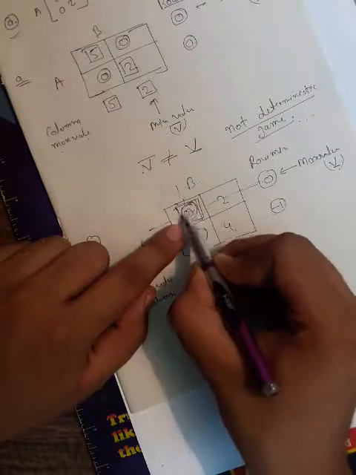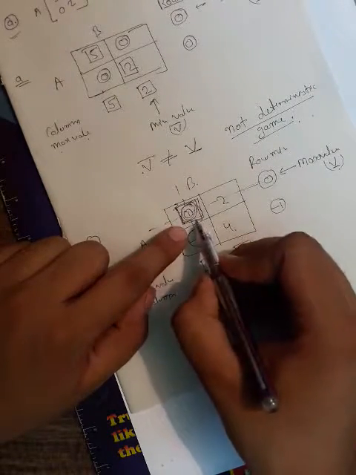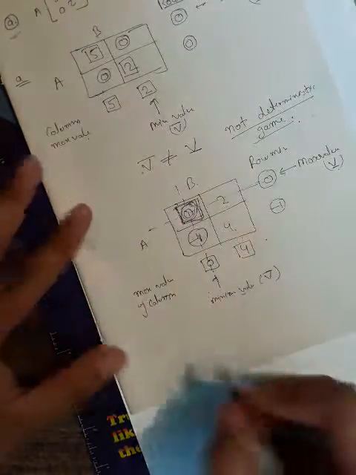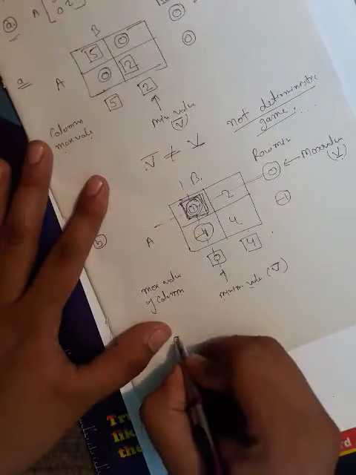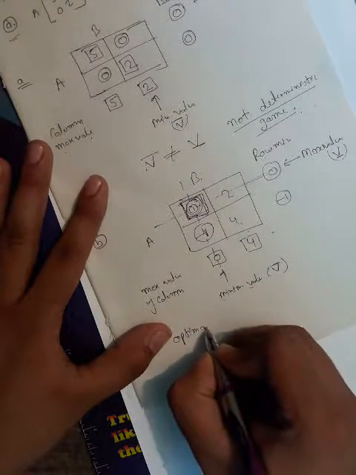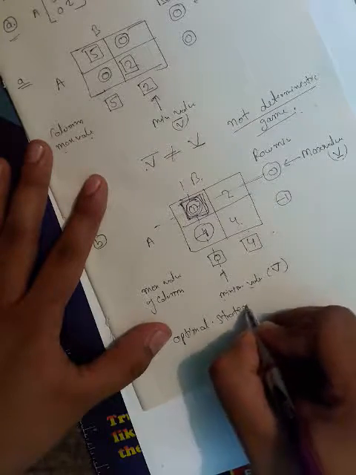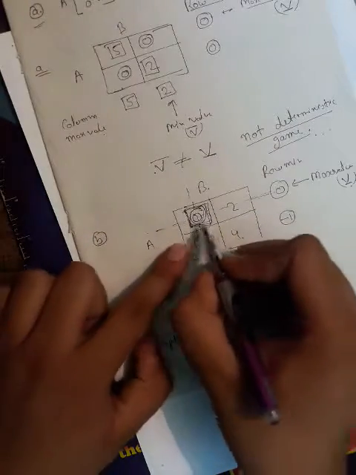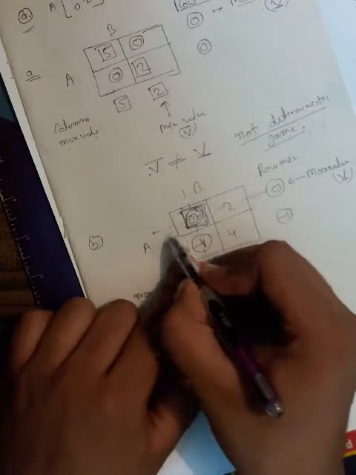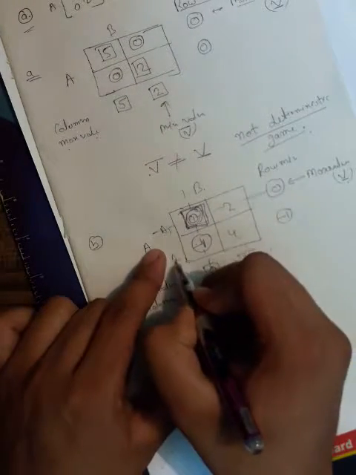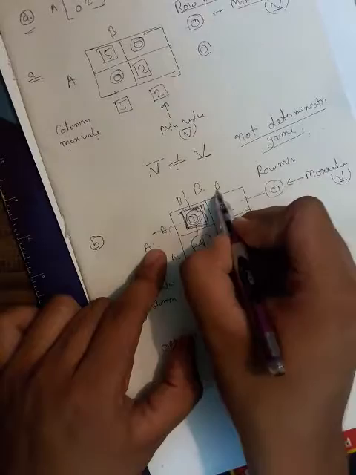Also, when a circle and a rectangle meet at a point, that is my saddle point or the optimal strategy. So the optimal strategy is given by the element location, with rows A1, A2 and columns B1, B2.